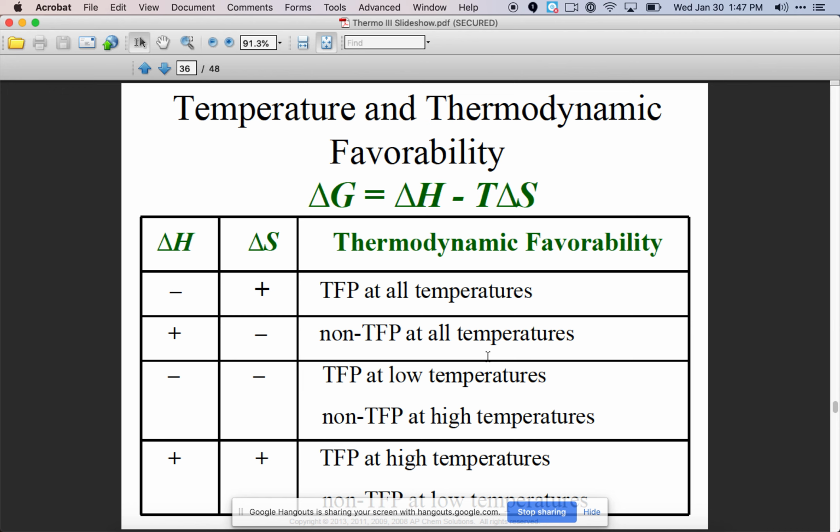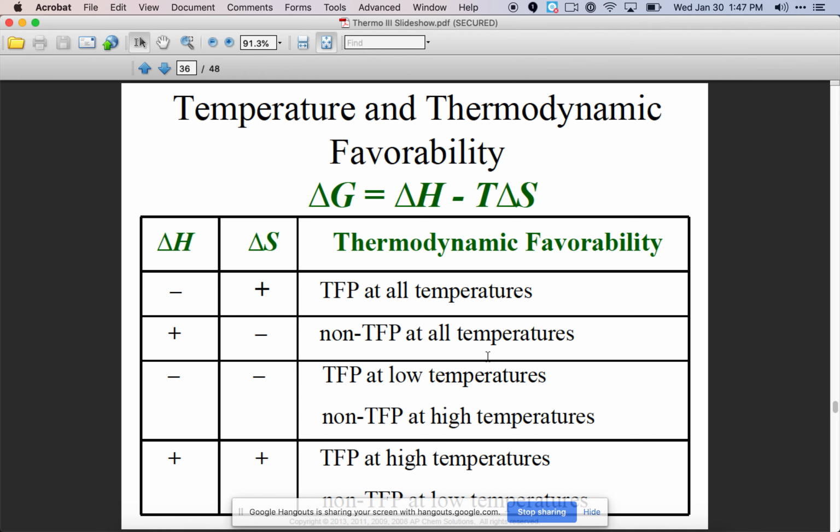Now notice when delta H is positive and delta S is negative, it's not going to be spontaneous. So it's not going to be thermodynamically favored. And then the last example there is when they're both positive. When they're both positive, it's only going to work when T times delta S becomes significantly large enough so that the overall number becomes negative.